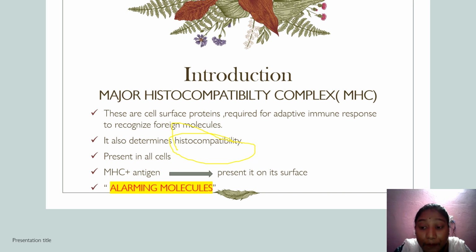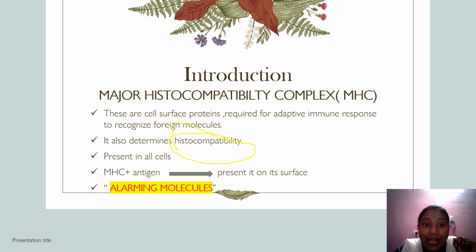What does this histocompatibility mean? It means how the tissues of different persons are compatible with each other. Histo, the term has come from tissue. So this MHC plays an important role where organ transplant takes place.